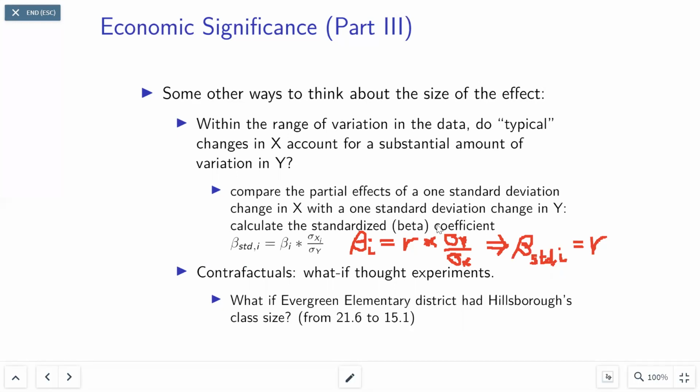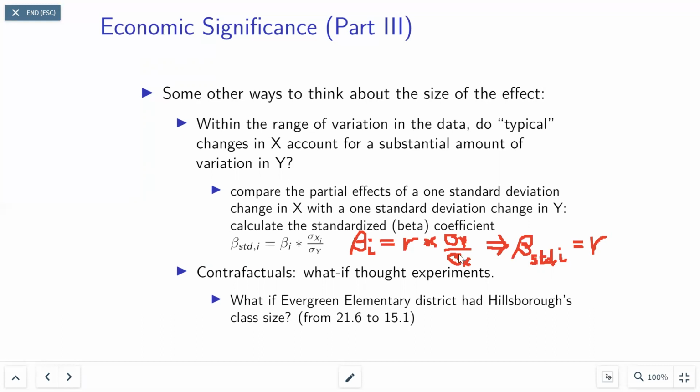If you multiply the ratio of sigma X to sigma Y on both sides of this equation, then on the left-hand side, you computed the standardized beta coefficient.